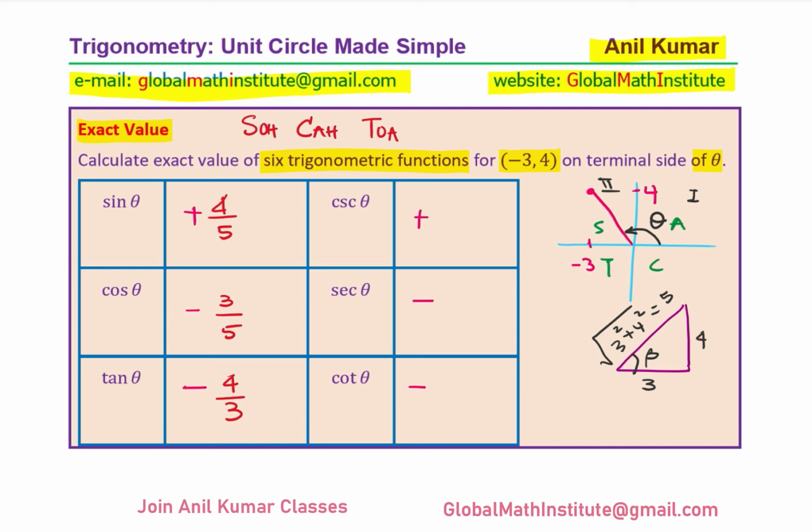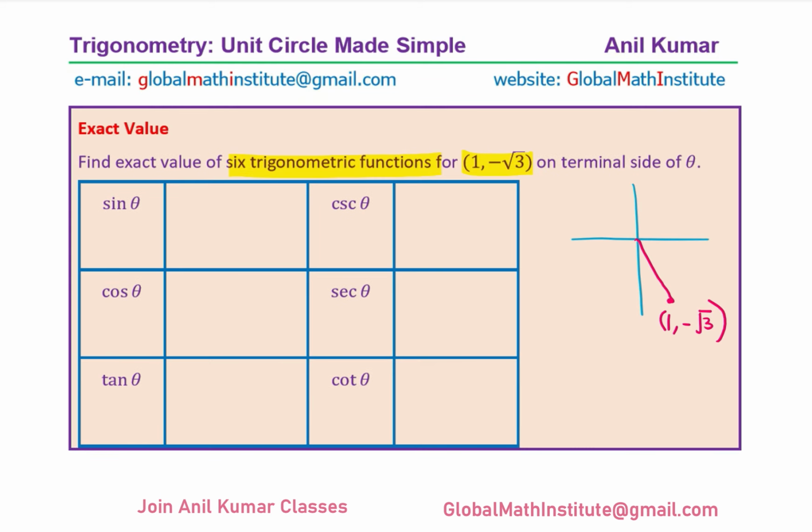It is important to write down the signs, right? Because there you could go wrong. You are in quadrant 2, right? Cosecant, just flip them, right? So it is 5 over 4, negative 5 over 3. Secant is the reciprocal of cos, and cotangent is the reciprocal of tan. That is so simple. Perfect.